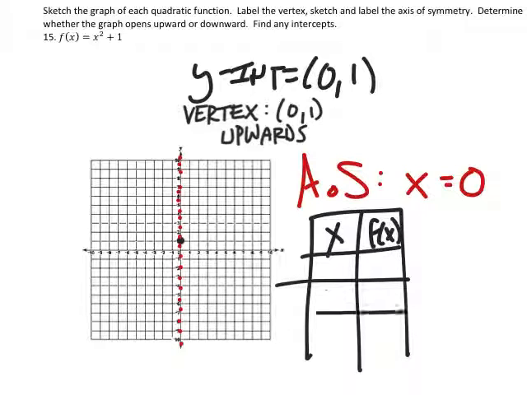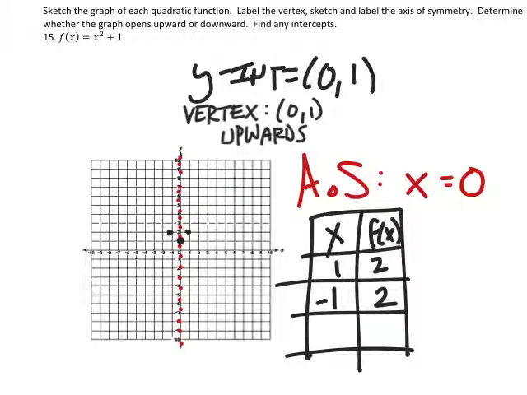So the f of x depends on the x value. If I have 1 here, 1 squared plus 1 is 2. Negative 1 times negative 1 is 1, plus 1 is 2. So that gives me a couple other points to work with, this one right here and this one right here.